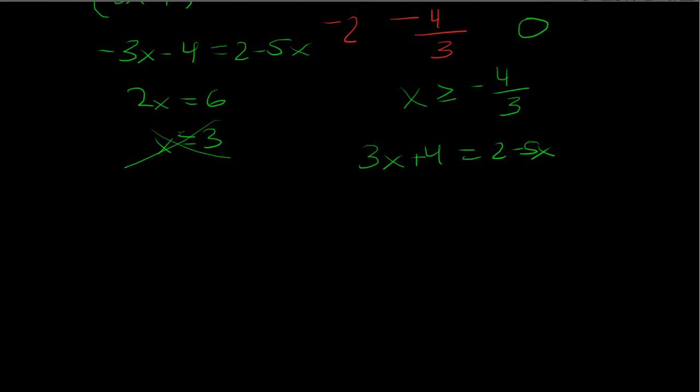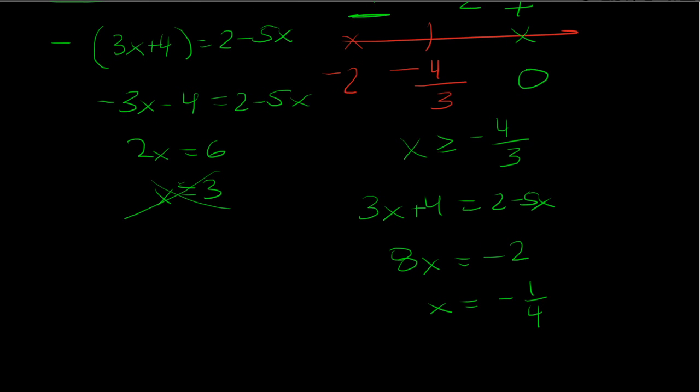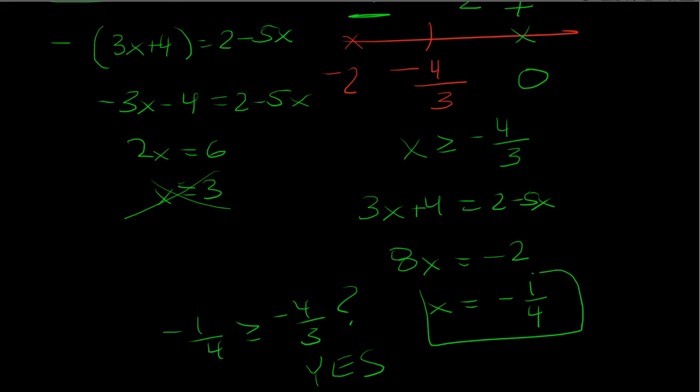We add 5x, we get 8x equals negative 2, so x equals negative 1/4. Now, is negative 1/4 greater than or equal to negative 4/3? The answer is yes, so we include it. So the only answer to this one is negative 1/4.